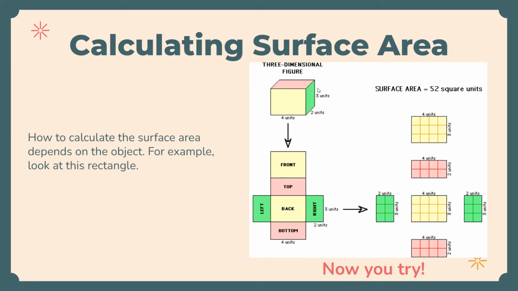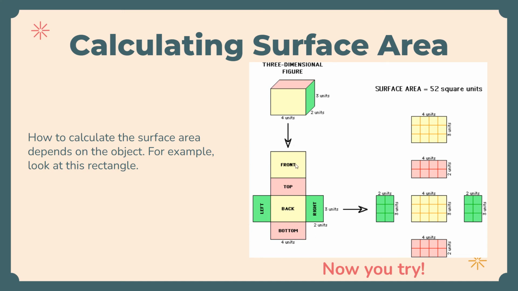So let's look at this example with this rectangular prism. If you expanded this rectangular prism and created a net, so basically you had all of the sides laid out flat, it would create this model down here, and it labeled everything.